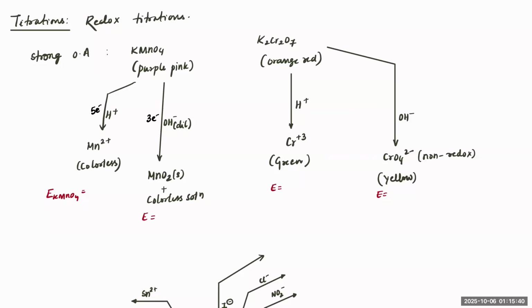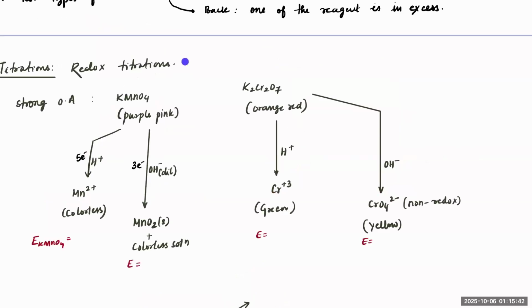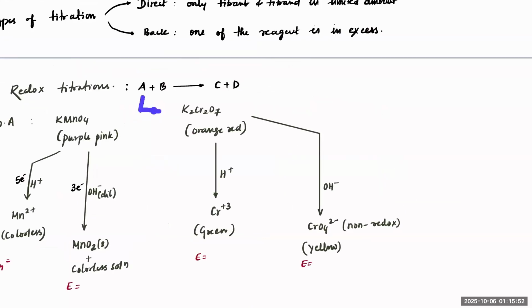For example, if you have anything as simple as A plus B giving C plus D, then in a redox titration, A could be undergoing oxidation.